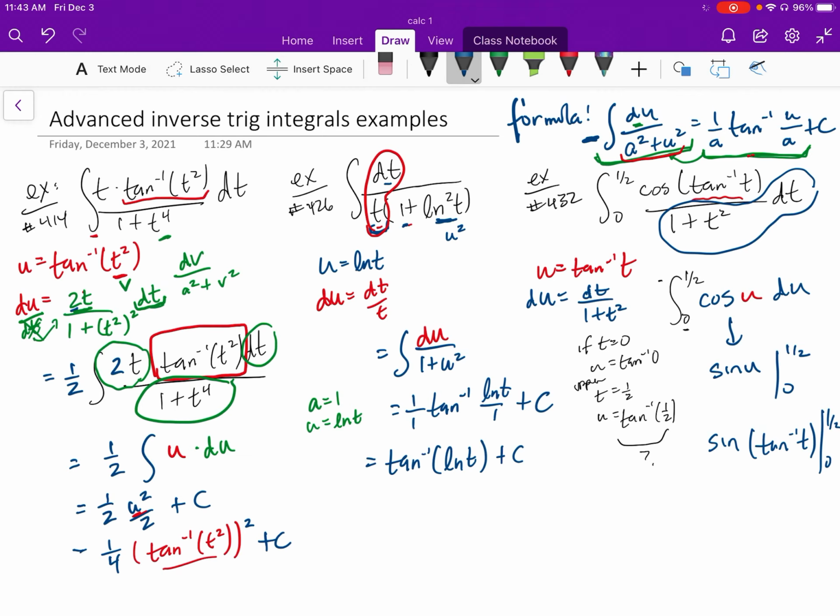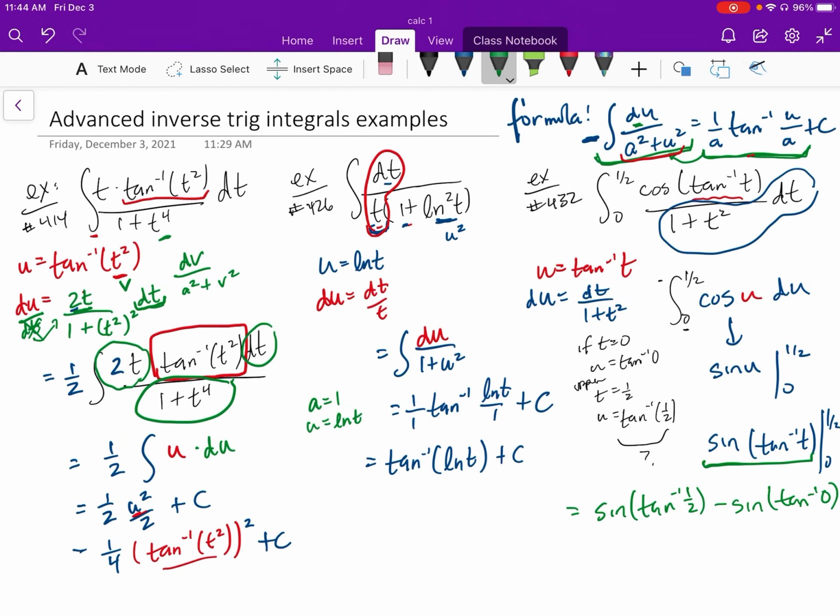So to evaluate this, either draw your triangle or use Pythagorean identities, substitute it, however you want to do it. Many approaches. I'm going to just plug in 1/2. So I have sine tan inverse of 1/2 minus sine tan inverse of 0.